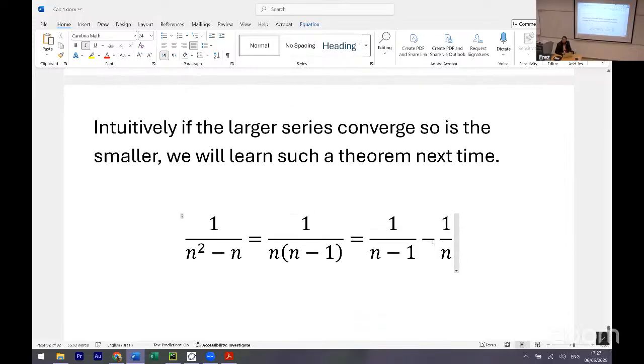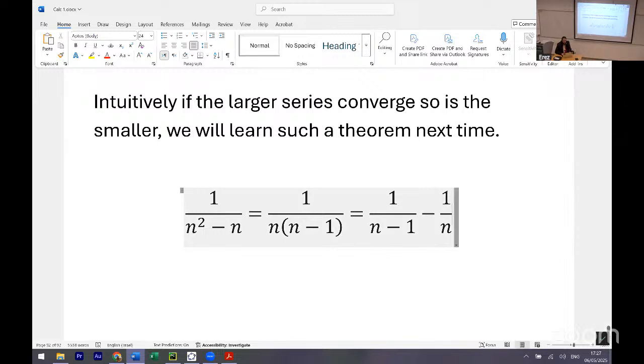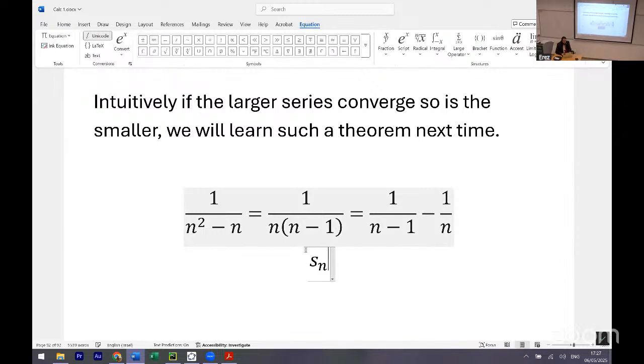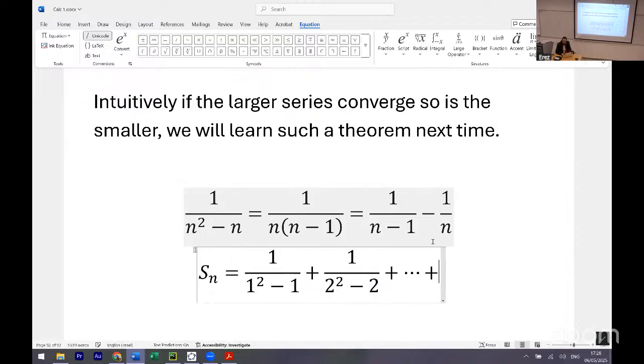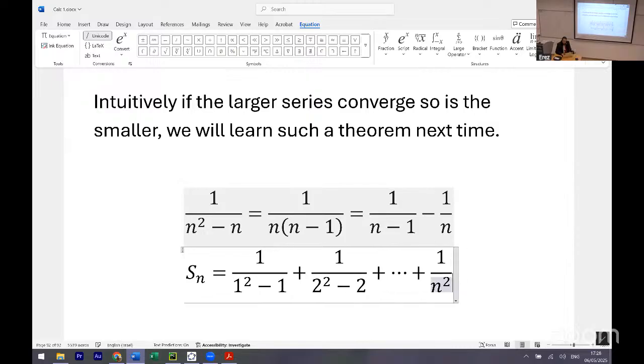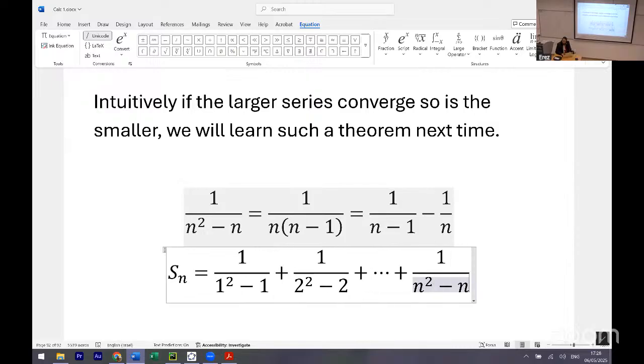And why does that help us? Because Sn is 1 over 1 squared minus 1 plus 1 over 2 squared minus 2 plus and so on up to 1 over n squared minus n. First thing.